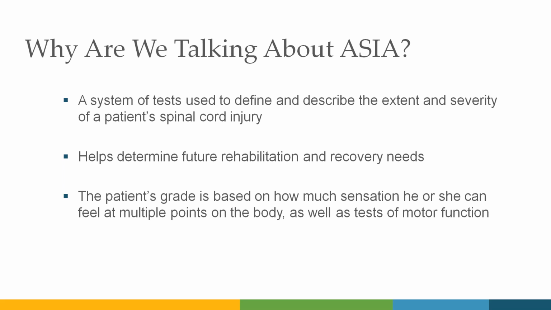Before I move into this too far, I do want to just note back on the last slide, as we talked through tetraplegia and paraplegia, and we tried to connect that back to the anatomy that we were looking at. You can think of the flow of the spinal cord as similar to a river, right? So if something happens upstream in that river, everything downstream is going to be affected, if that makes sense. If there's a dam upstream in a river, you're going to get less water downstream.